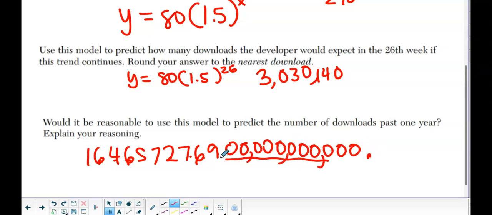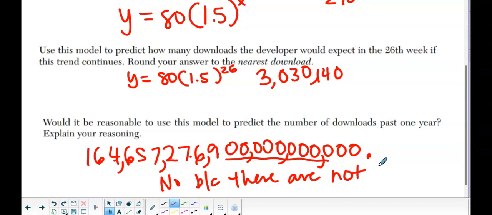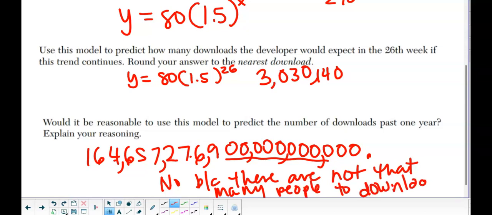And this would be our amount of people. And so we can say, no, this would not be reasonable. There aren't even that many people on the planet to download the app. The number is just too high.